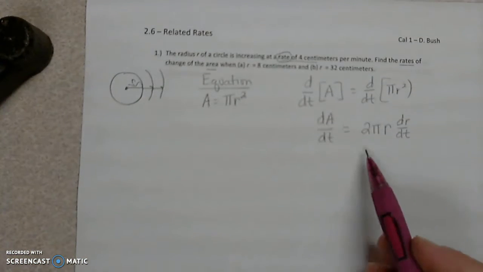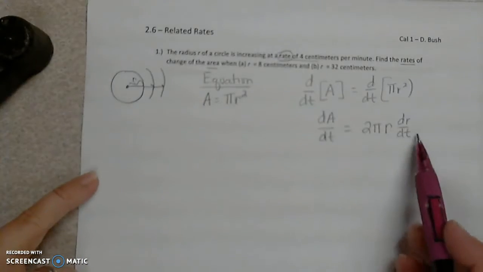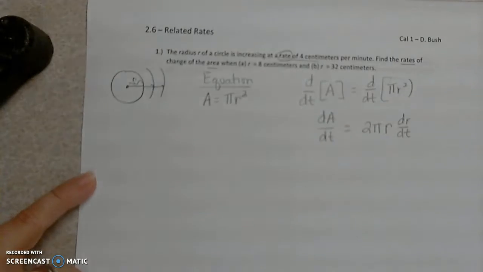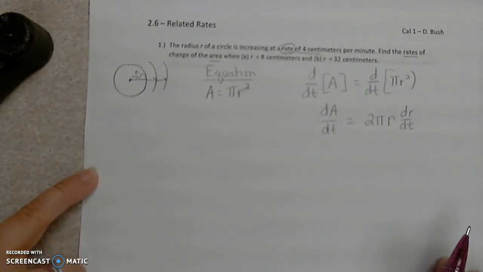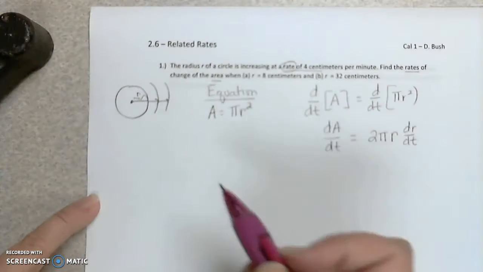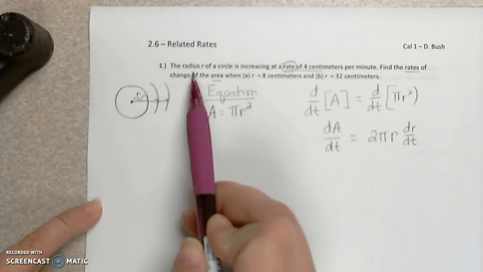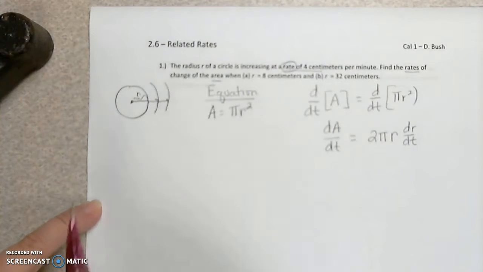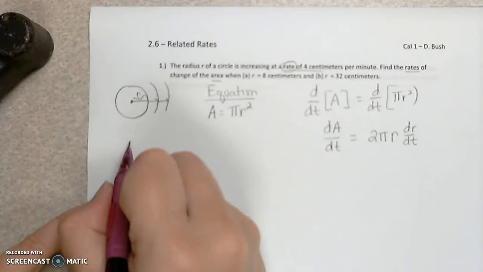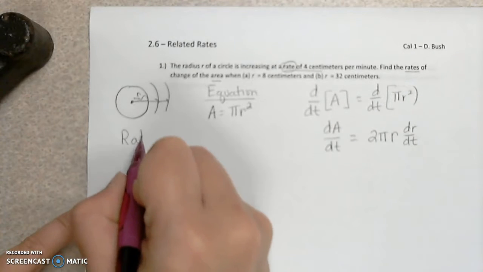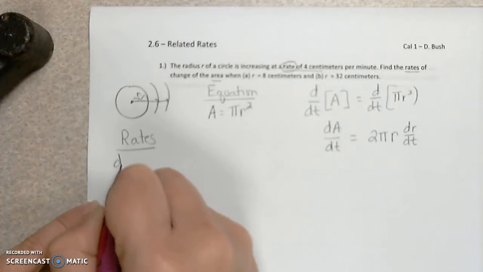So here's what I'm going to need. I've got to figure out what I have and what I'm going to solve for. What it has told me is that I have the rate of my radius. That's going to be my dr/dt.